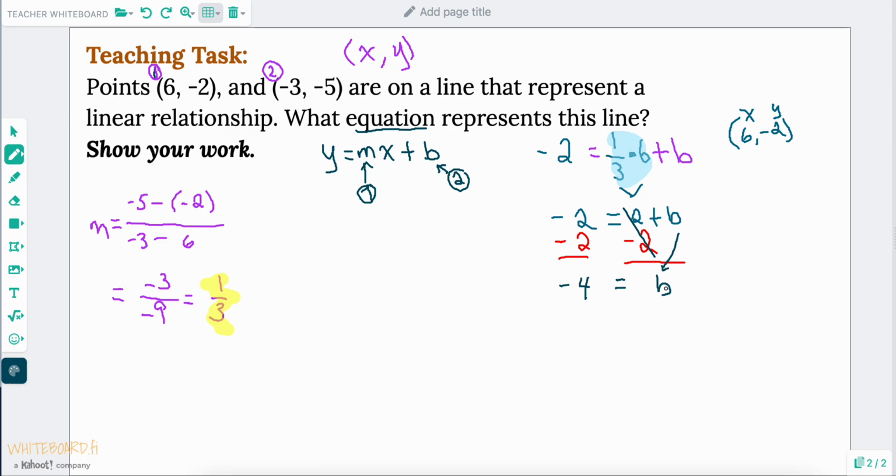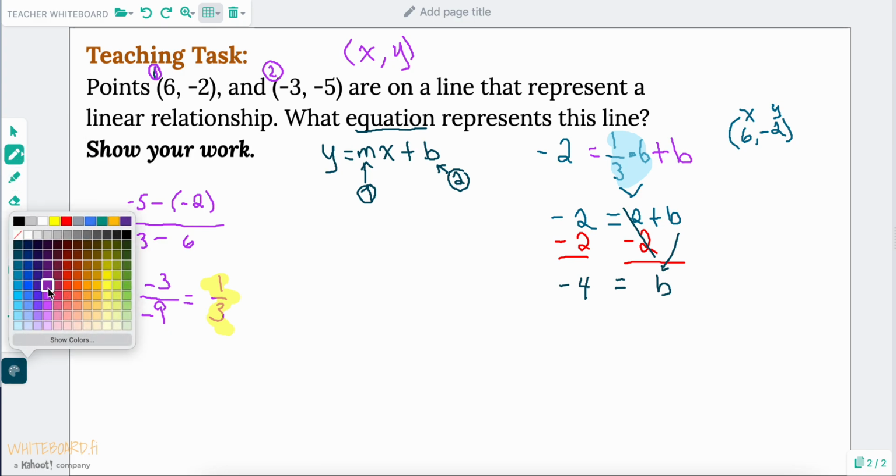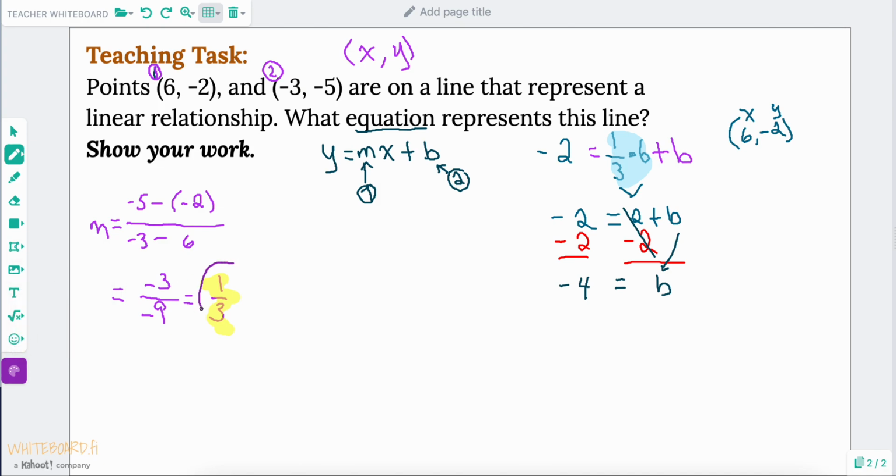So now I just have to put the two things that I calculated. So this was m. This is b. So I'm going to take this equation and I'm just replacing those two things. Those are the only two things I'm replacing.